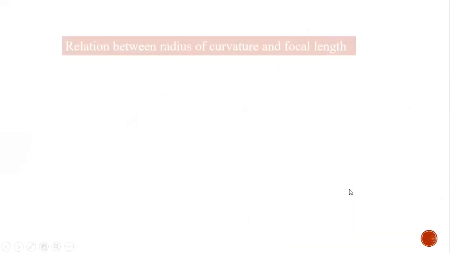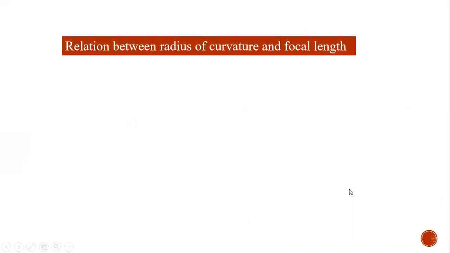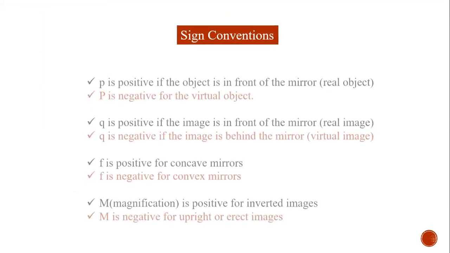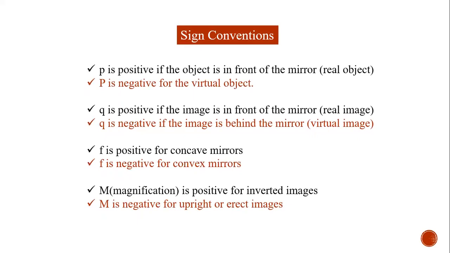Okay, now the next relation is between the radius of curvature and the focal length. The focal length is half of the radius of curvature. Then we are going to quickly go through the sign convention. As I have already been telling you repeatedly, every distance is measured from the pole of the mirror, whether it is focal length, object distance, or image distance.